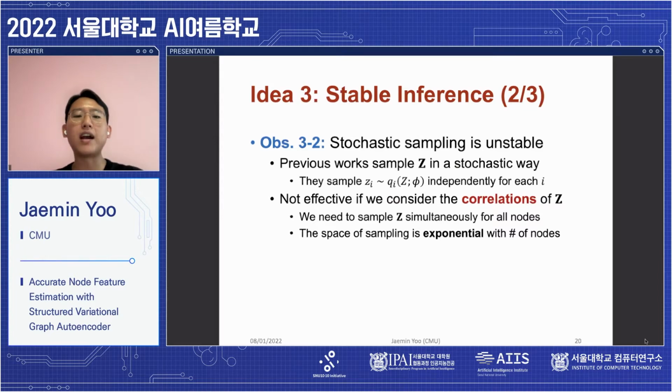But this is not effective if we consider the correlations of Z as in our case, because we need to sample those variables simultaneously for all nodes at the same time. This increases the space of sampling to exponential in the number of nodes, and this decreases the stability of the whole inference process.